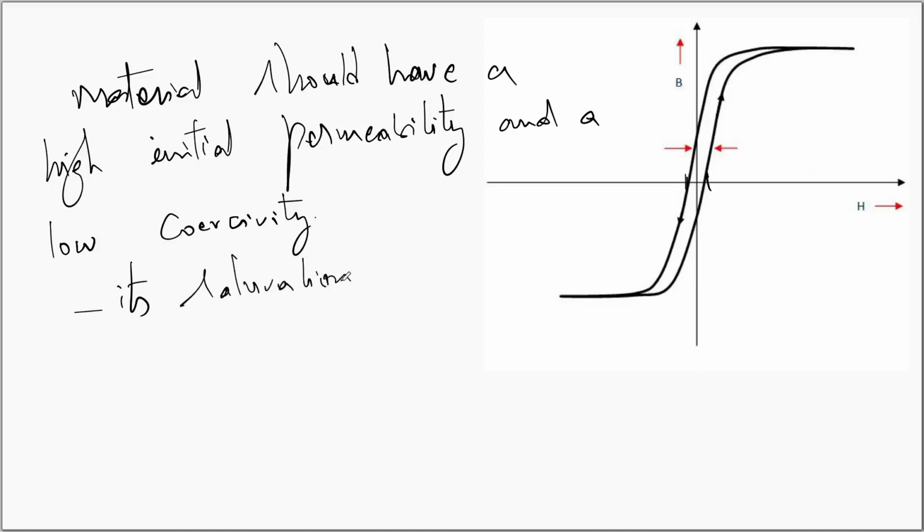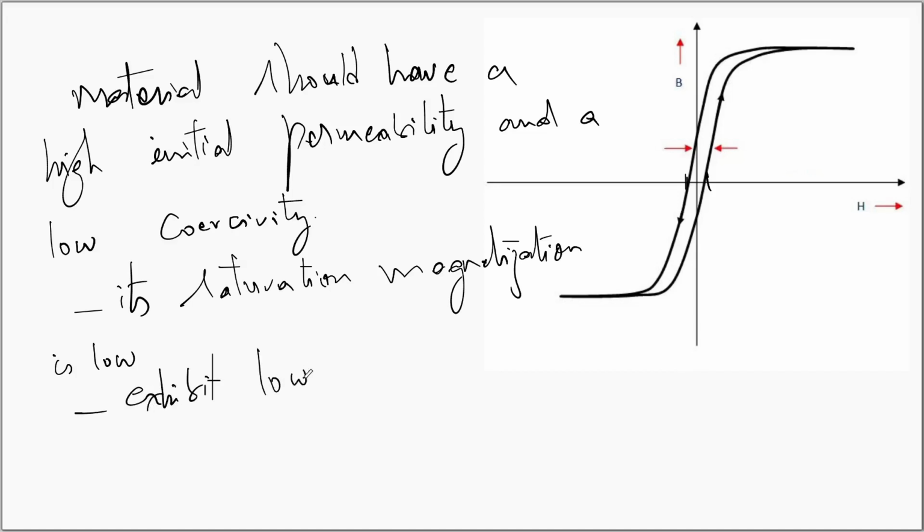Its saturation magnetization is low. It means for a relatively low applied field, these materials reach the saturation magnetization, and further these materials exhibit low hysteresis losses. Low hysteresis losses is an important parameter.